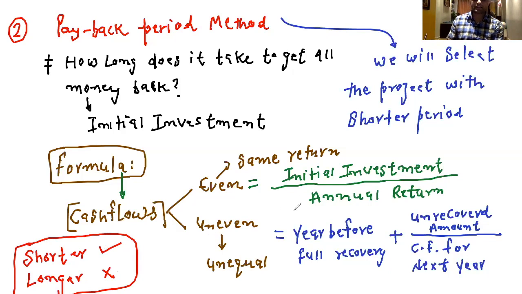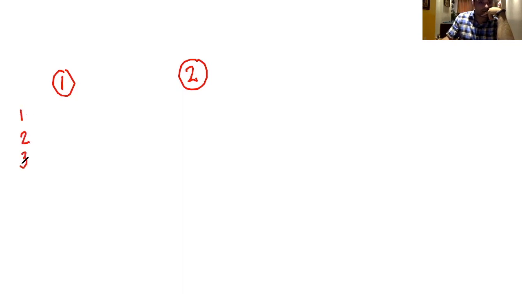Okay, so let's move on to a practical question. I'm going to write one question for you. Let's say we have project 1 and project 2. This is year 1, 2, 3, 4.